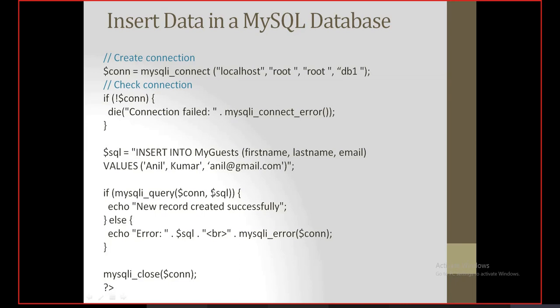We are firing that query as a part of an if condition, so that if it returns true, we can print that the record has been added successfully. Otherwise, we'll print the SQL query execution error message, whatever it is, right?